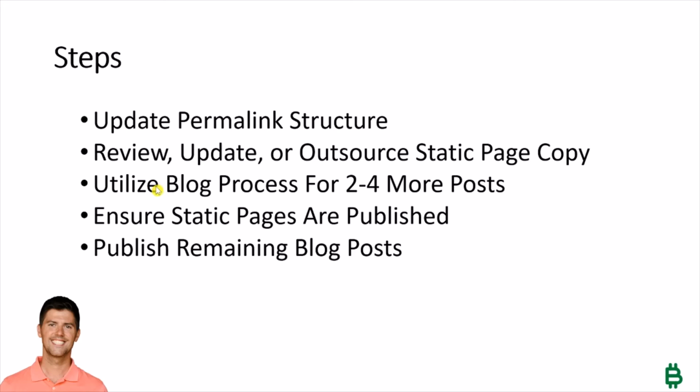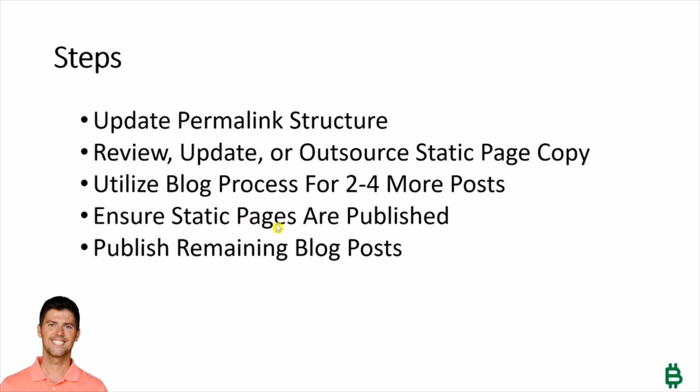Then for utilizing our blog process, that is just doing what we did the first time and making those templates fit for your niche and fit for your structure if you made changes. That's all that is. And then you can outsource it, or you can write them yourself if you don't want to spend the money.